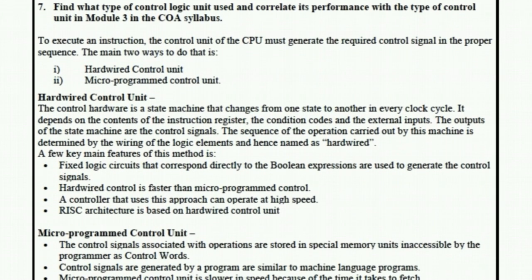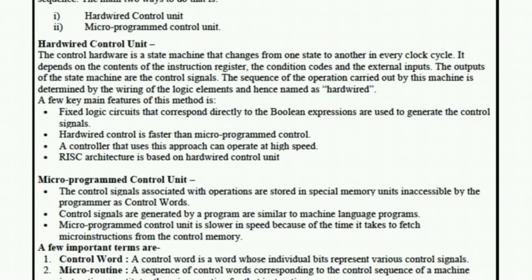So next, let us look at how the control logic unit correlates with what we studied in the CAO syllabus. To execute an instruction, we need the CPU, because the CPU generates a signal, and with this signal there are two things that it would do. There are two main ways we can access the control unit. One is hardwired and the other is microprogrammed.